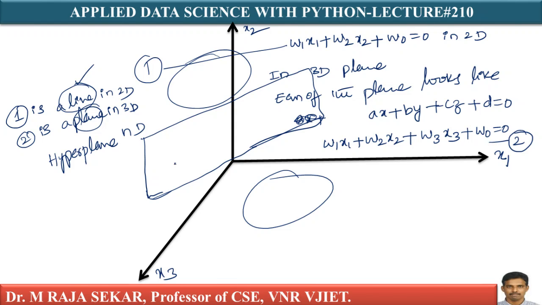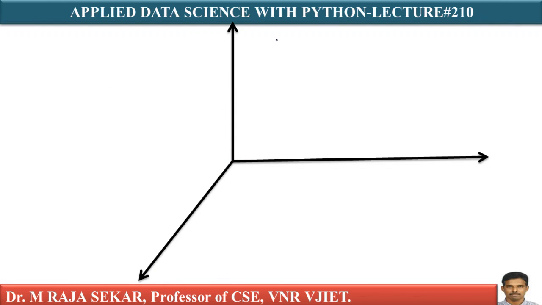Suppose I have n dimensions, what is the equation of a hyperplane? You could have easily understood that by just looking at the form of this. Let me rewrite this one. Just see. w1 x1 plus w2 x2 plus w0 equal to 0.